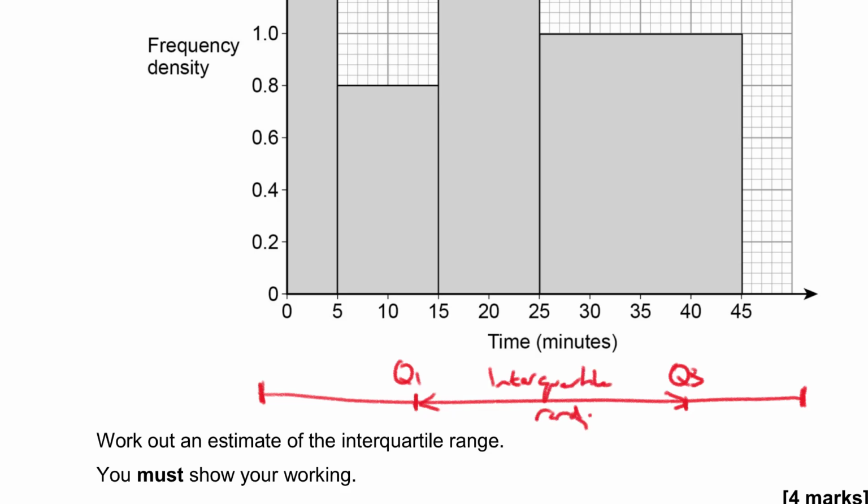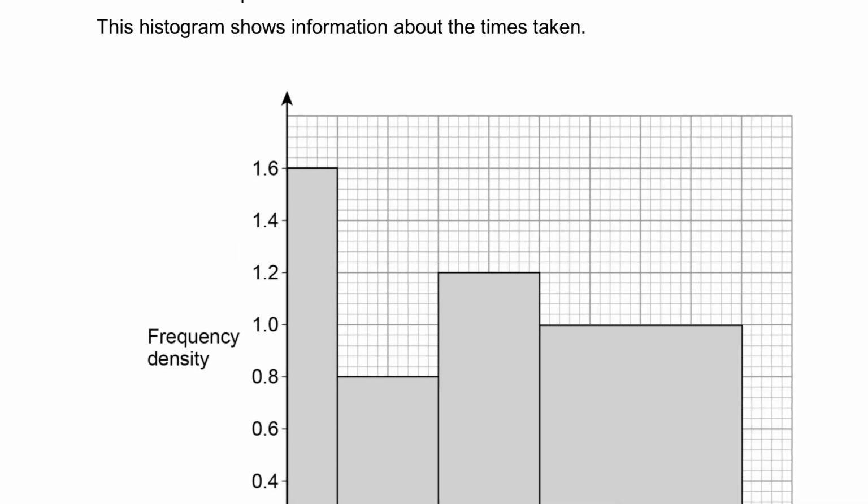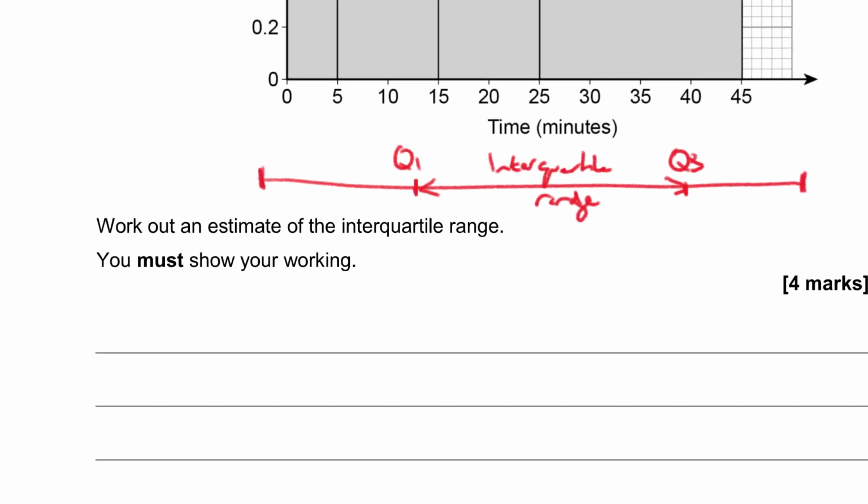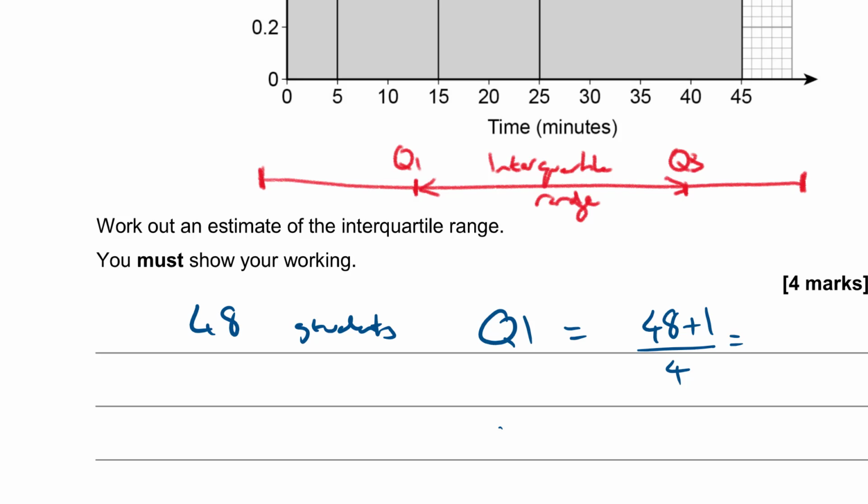So let's have a think about this. We've got 48 students. To find where the lower quartile is, we take 48, add 1 to it, and divide by 4.